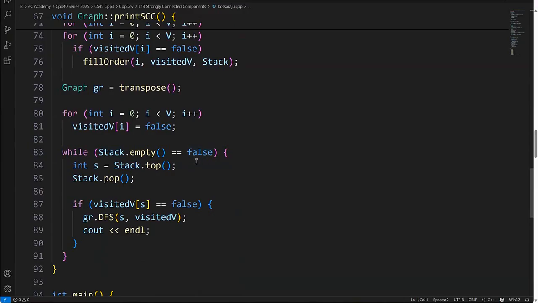While the stack is not empty, you get a node and pop it out. If the node had not been visited, then you do depth first searching. If it has already been visited, then that means it's part of the strongly connected component.